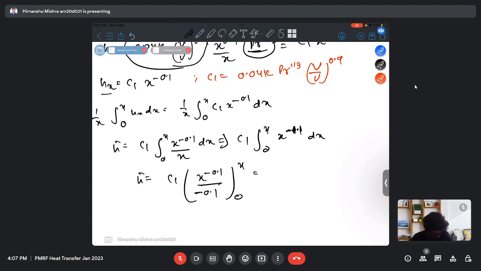I'm absorbing the minus sign into C1. So this is my average heat transfer coefficient. Is it correct?